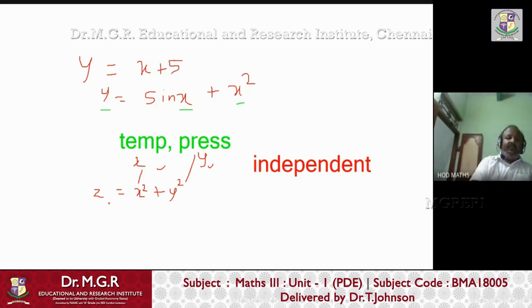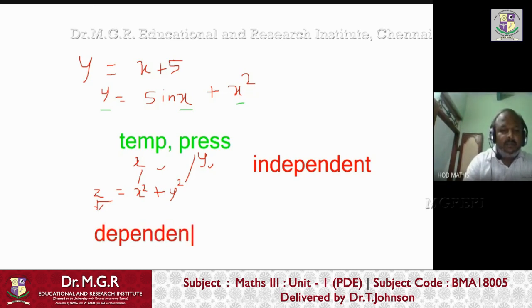And the relation is z equals x square plus y square. So z may be some component which depends on temperature and pressure, right? Whenever I input the values of x and y, I can find z. So here z is the dependent variable, dependent on x and y.